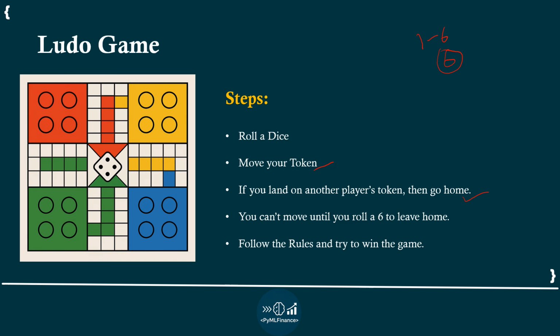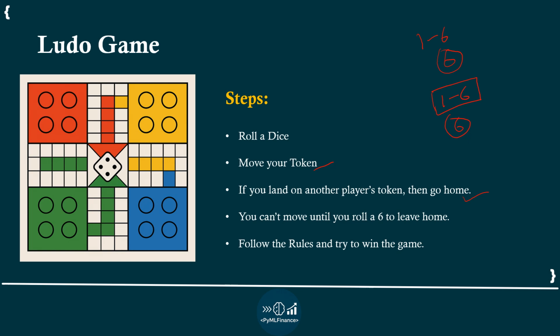Now let's think, what if we want a computer to play Ludo? We will write a program that will contain these rules, like the rules to get a number from 1 to 6. We will want the computer to get any random number from 1 to 6. Then we'll see if the dice has resulted in the number 6. If it has, then we move out of the home.